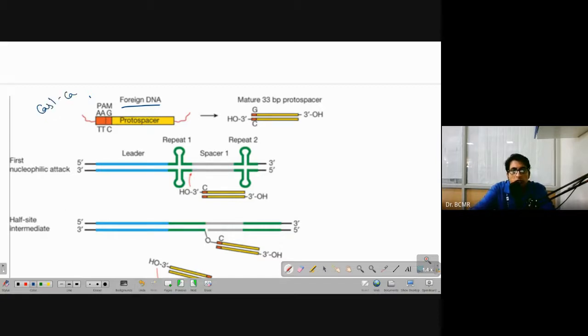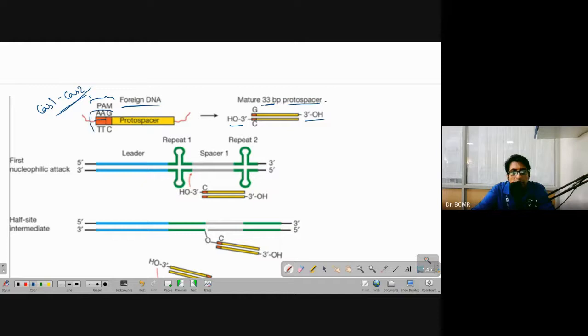Cas1 and Cas2 would recognize them, and then they would process it to generate about a 33 base pair protospacer. Okay, and each of them would have a 3' OH like this.